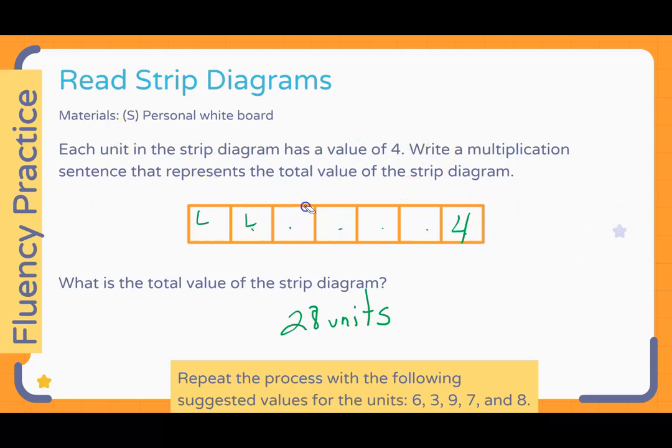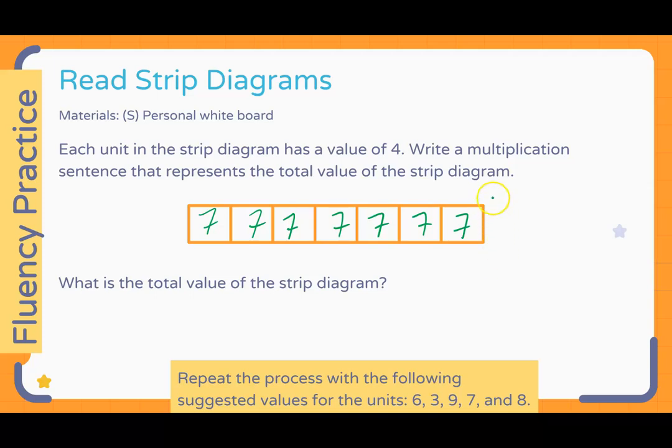So draw it again. Now we'll be checking your journal, so please do this. Draw this again. This time, we're going to use the number 7, so each unit has 7.